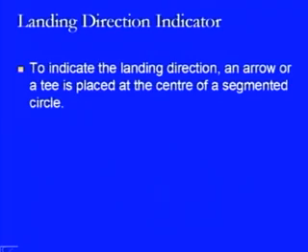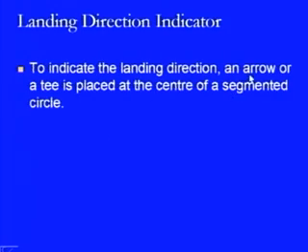So, the pilot will be able to see that particular indicator, and on the basis of that indicator he or she will be orienting the aircraft so that they can land in that direction. So, this is what indicates the landing direction, and it is provided in the form of maybe an arrow, or a T placed at the center of a segmented circle. These are the two ways in which it can be provided.